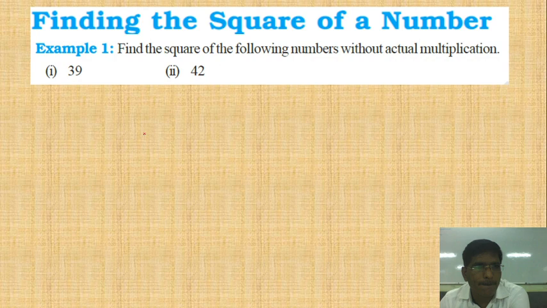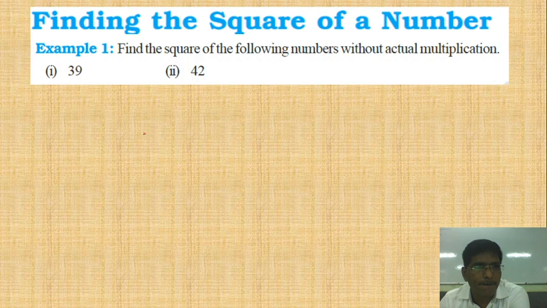Here it is squared, so 30 plus 9 all squared. It means I have to write it 2 times. Now if I open the brackets, 30 into 30 plus 9, plus 9 into the bracket 30 plus 9.